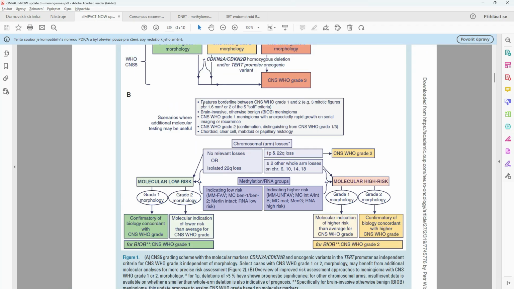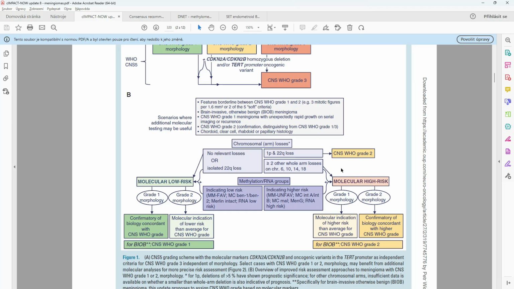In this situation, we are borderline between grade 1 and grade 2, because we've got 2 of the 5 so-called soft criteria for atypical meningioma.